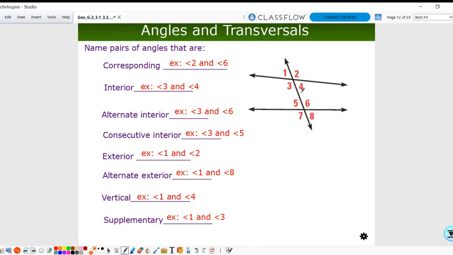Consecutive interior angles, 3 with 5. Exterior angles, 1 and 2. If we go alternate exterior angles, I could say 1 and 8. Vertical angles, remember that from last unit, 2 and 3, 5 and 8, 6 and 7, 1 and 4. Supplementary angles, 1 with 2, 1 with 3, and so on and so forth.